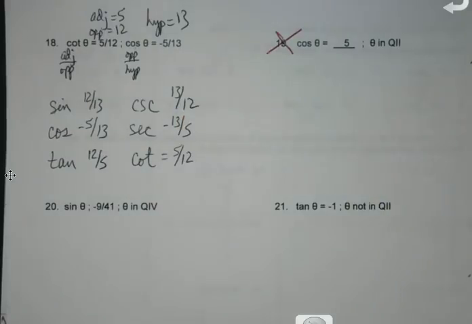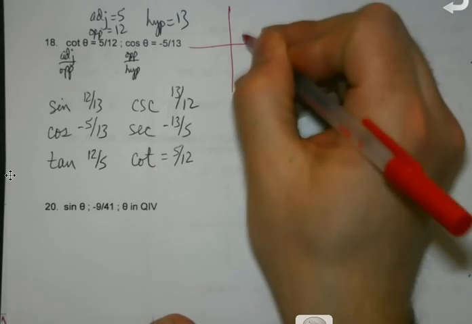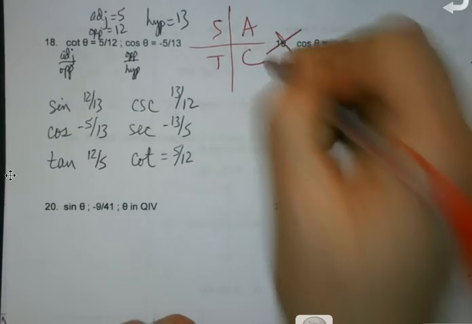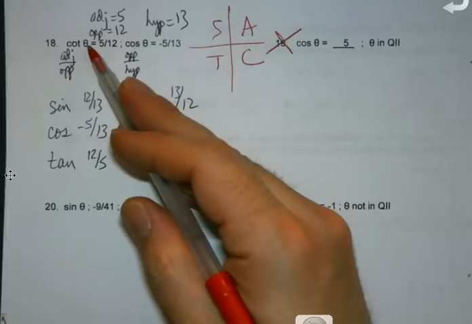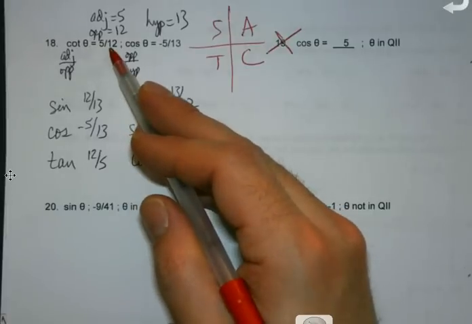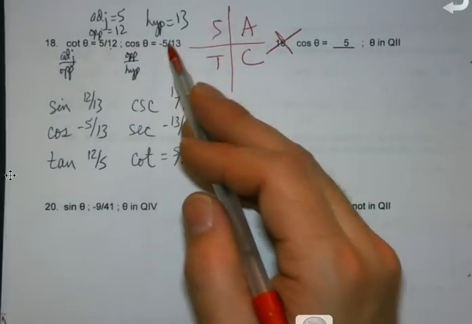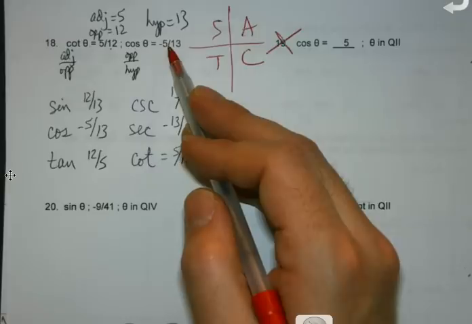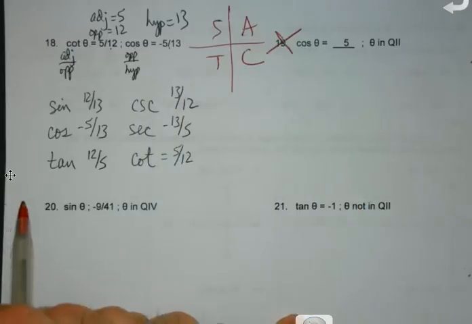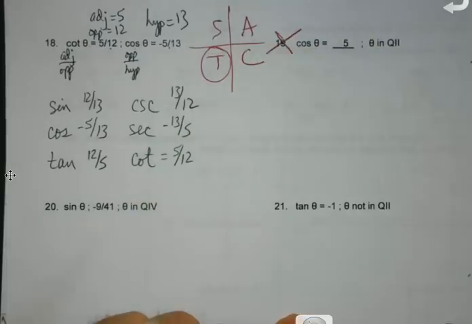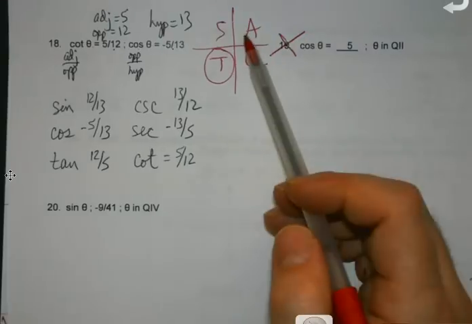But now let's think about this. My cotangent was positive. My cosine was negative. Which quadrant am I in? 3. I can look to see where things are positive. If I see multiple things that are positive, I know I'm in quadrant 1.